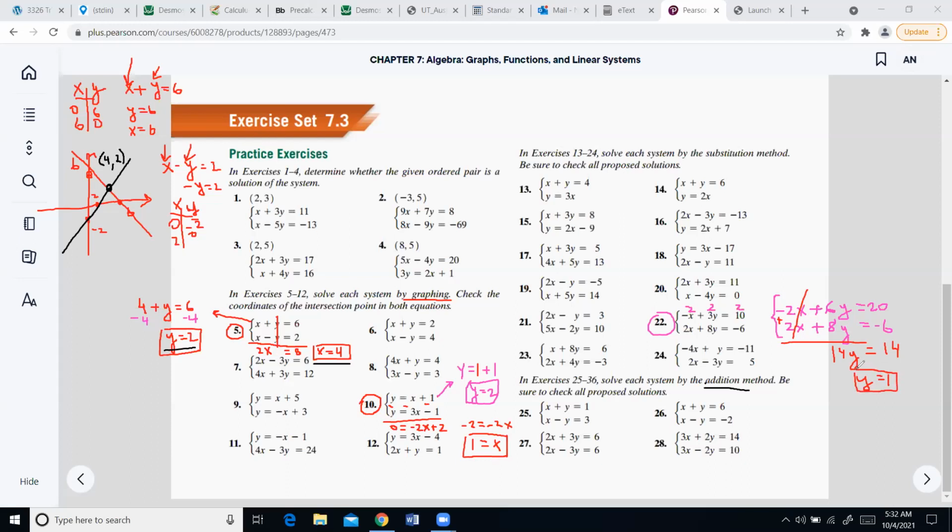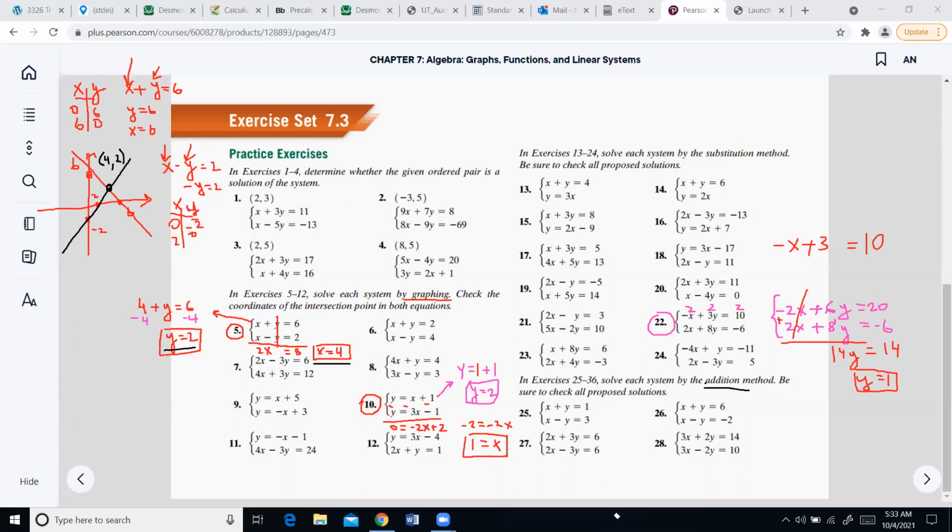So once I found what y was equal to, then I can use my first equation or the second equation. It doesn't really matter, it turns out, because in both equations you will get the same exact result. So I just copied my first equation here and I'm going to replace y with number 1.